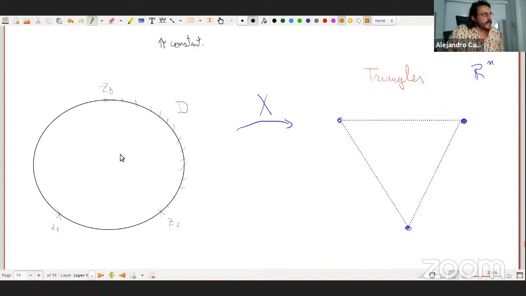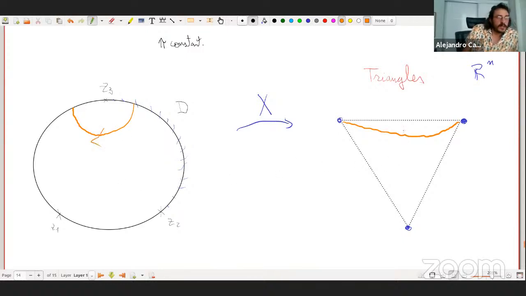More interestingly, if you take a path like this that goes from this component of the boundary minus these insertions to the other, this would be a path, it maps to a path like this, right? It goes, let's say if it was like this, it goes like this.